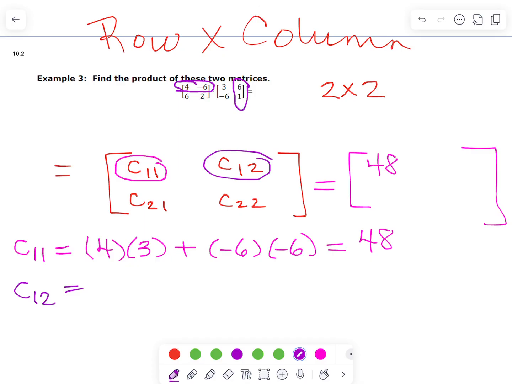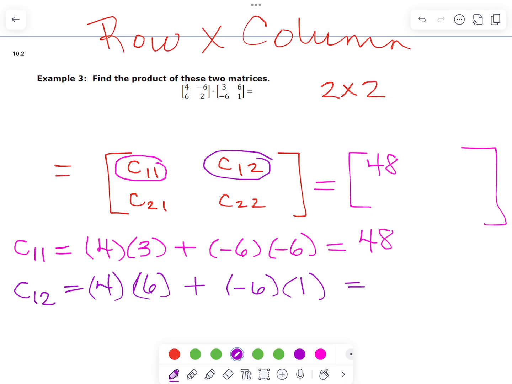So we're going to take the first element to the first element, so 4 times 6, plus second element, second element, so we're going to get -6 times +1. And we enter that into our calculator and we'll get 18. So that element right there is 18.